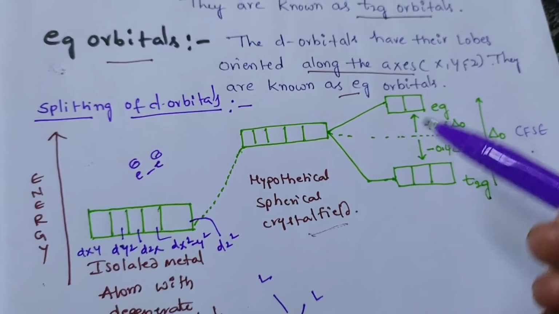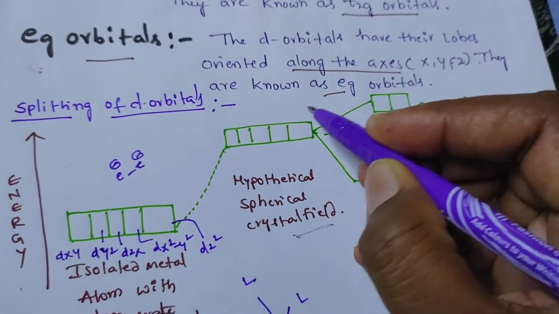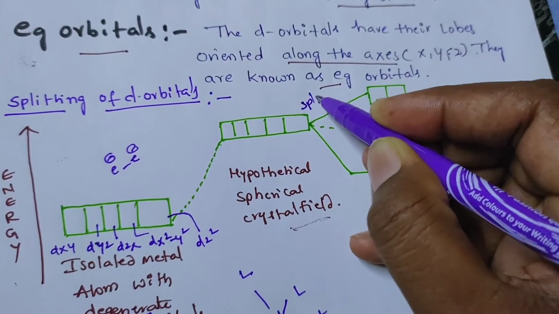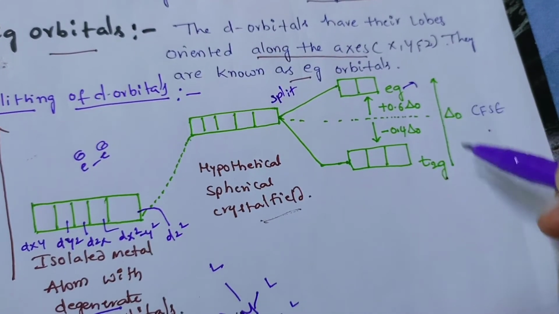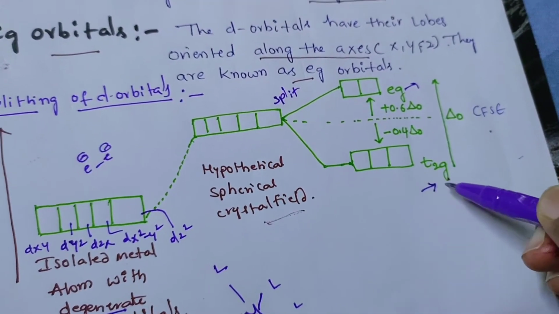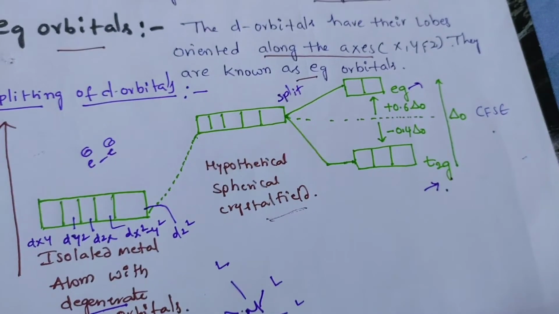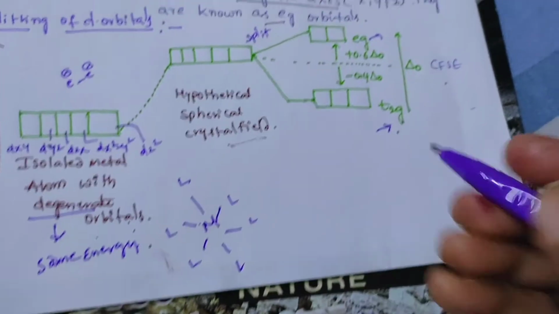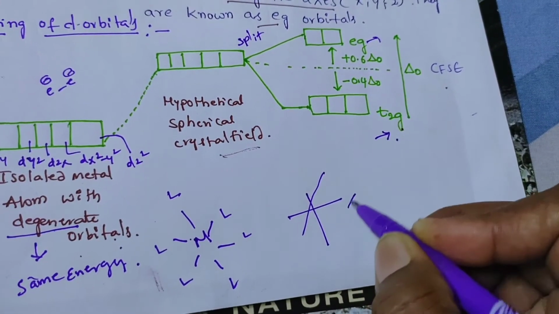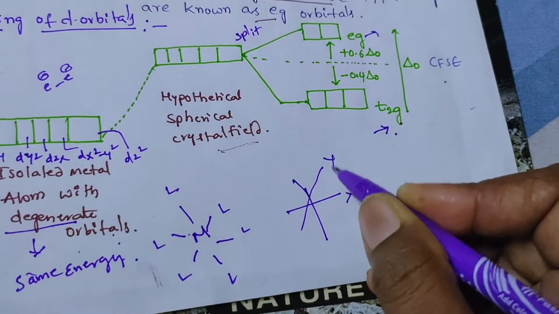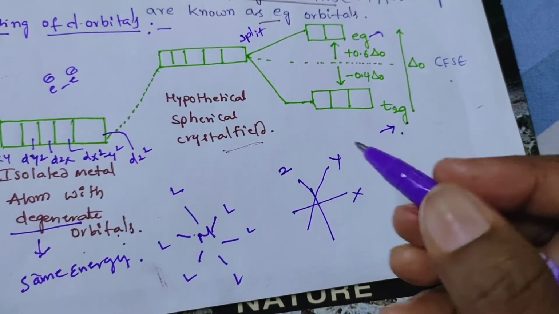Next, it further splits into two sets. One is the Eg and another is the T2g set. Here, this is the x axis, y and z axis.